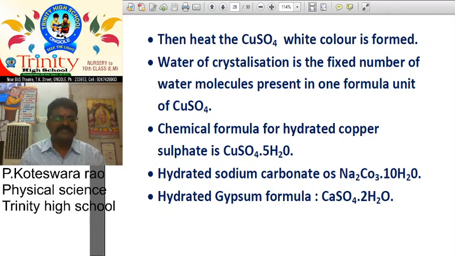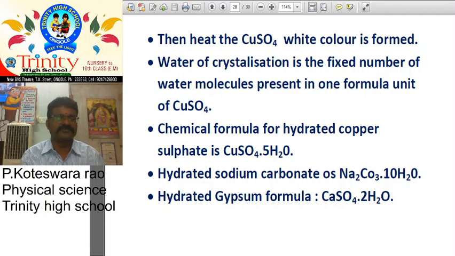Similarly, what is the hydrated sodium carbonate? Na2CO3 10H2O. Anhydrous sodium carbonate is Na2CO3. It doesn't consist of any water molecules. Similarly, hydrated gypsum formula CaSO4 2H2O. Anhydrous gypsum formula CaSO4.